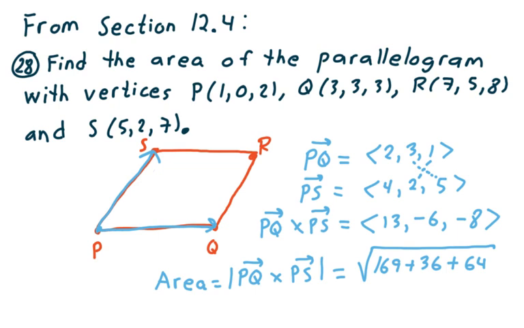Now, 64 plus 36 is 100, and then 100 plus 169 is 269. And so the area turns out to be the square root of 269.